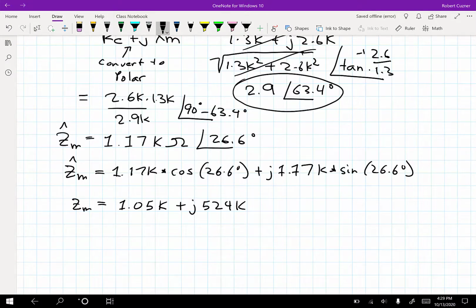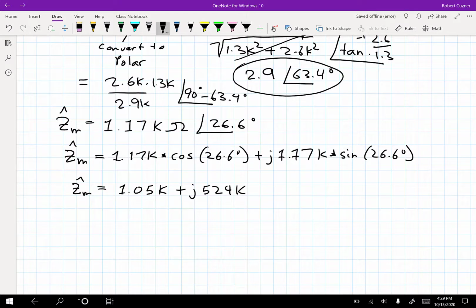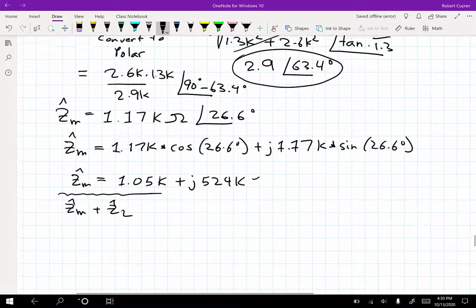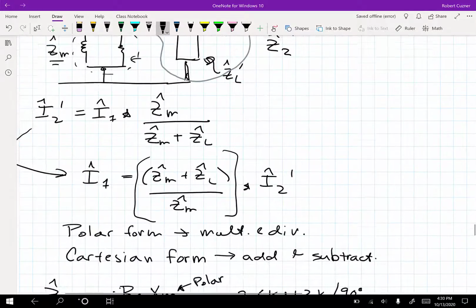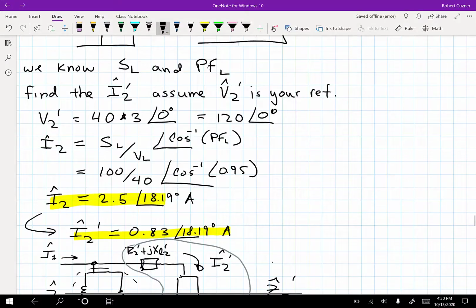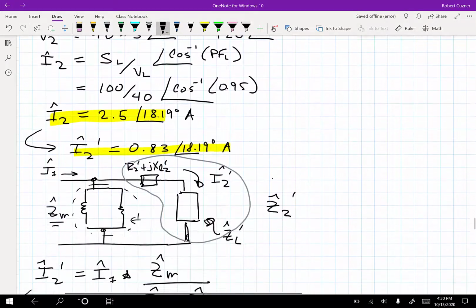So there's my Cartesian version. And now we've got to do Zm plus Zl. We've got a Cartesian version of Zm. We need to get a Cartesian version of Zl. So recall that Zl, did we find Zl?